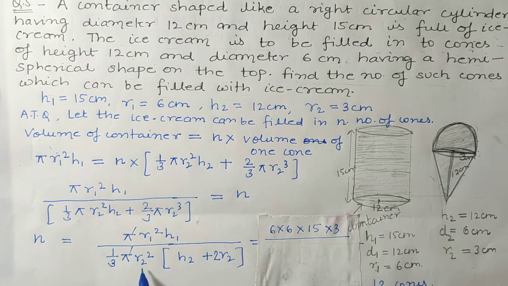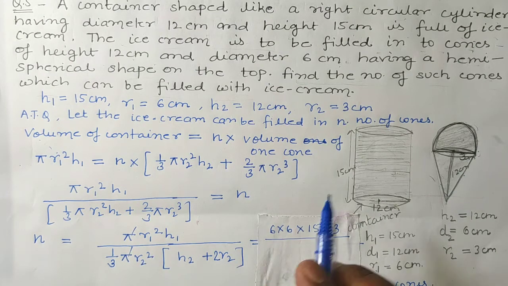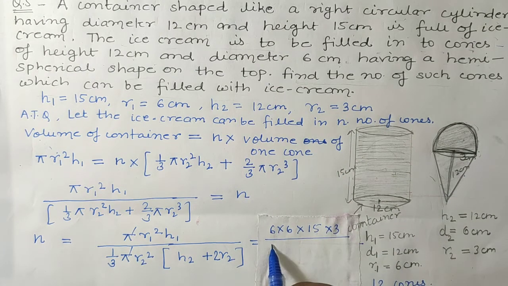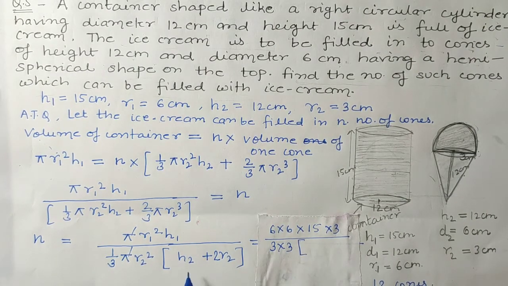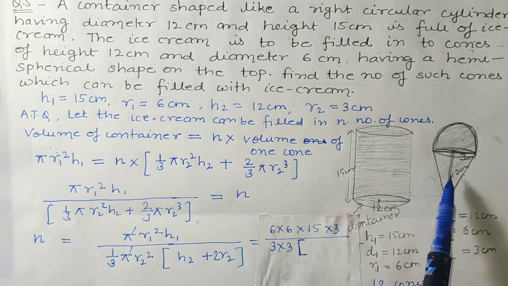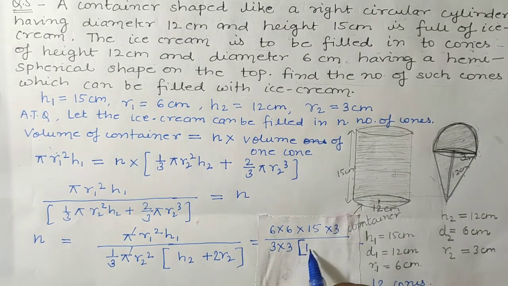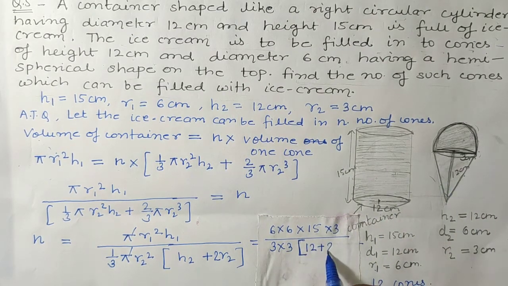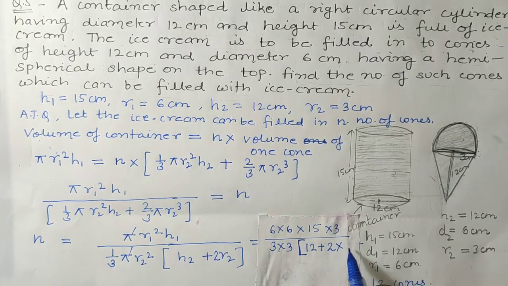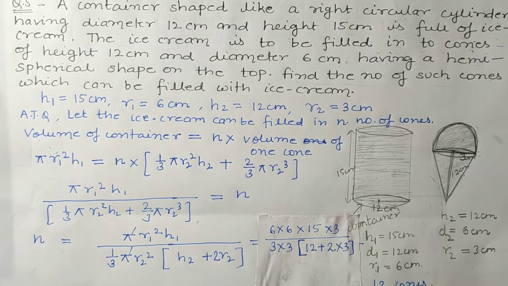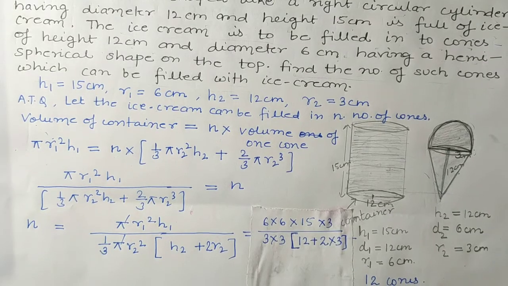After that r2 square, the value of r2 is 3, so r2 square means 3 into 3. Now in the bracket what is left? h2 plus 2r2. h2 is the height of the cone, which is 12, plus 2 into r2, and r2 is 3. Okay students, are you getting this step? Only we have put all the values.